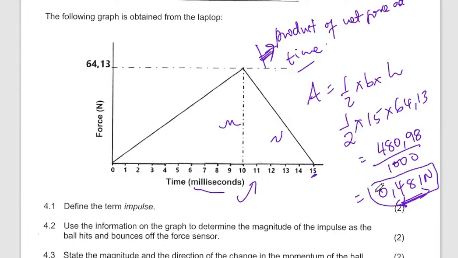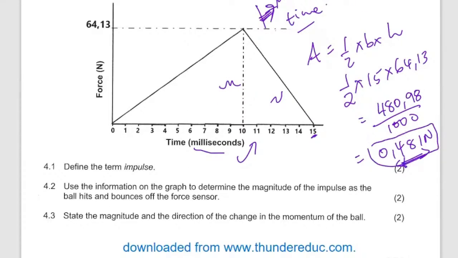So this 0.48, since it's positive, we're going to take it as upwards. The question asks for magnitude and direction, so 0.481 newton-seconds upwards. It's upwards, positive.